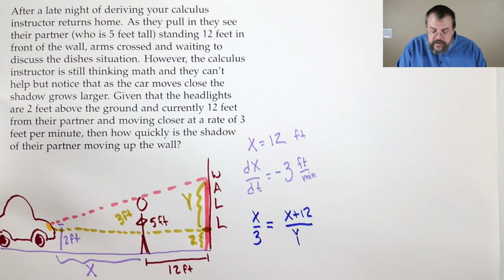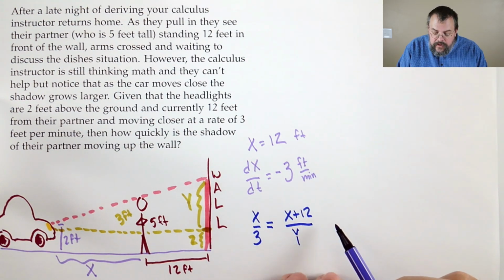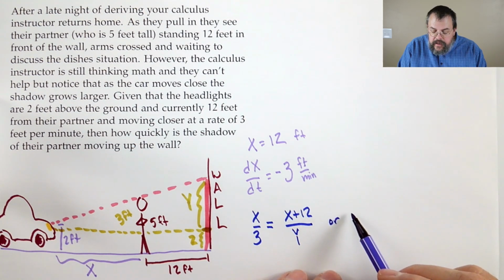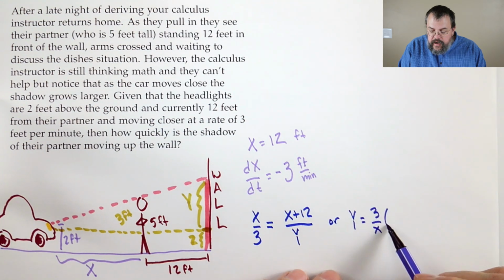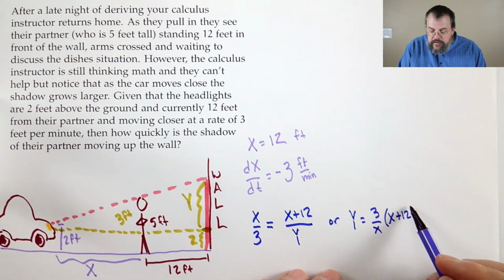Okay, well, that's good. In particular, we can do all sorts of things. One thing we could do is solve for y, because we're really after understanding what y is. So we can rearrange this. We could say that y is equal to 3 over x times x plus 12.